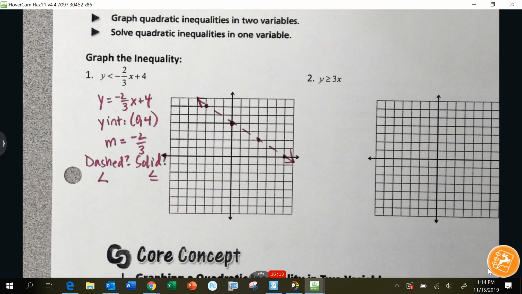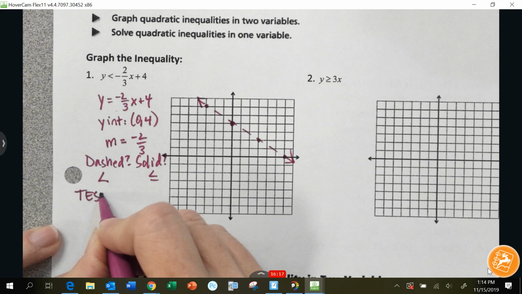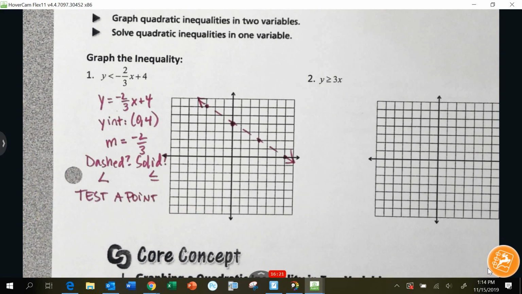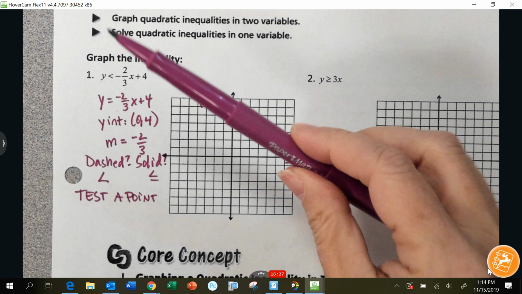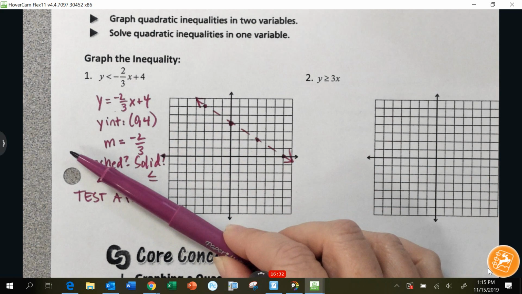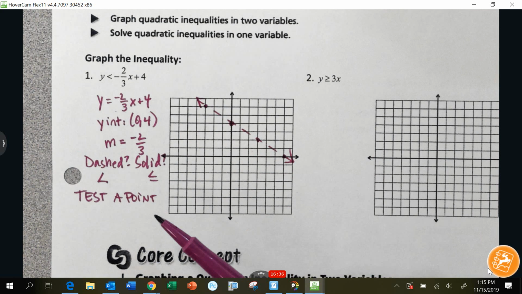And then we have one last thing. We have to test a point. So when you did this in Algebra 1, this is a border where either the stuff above or below it gets shaded. So you have to test a point to actually see.